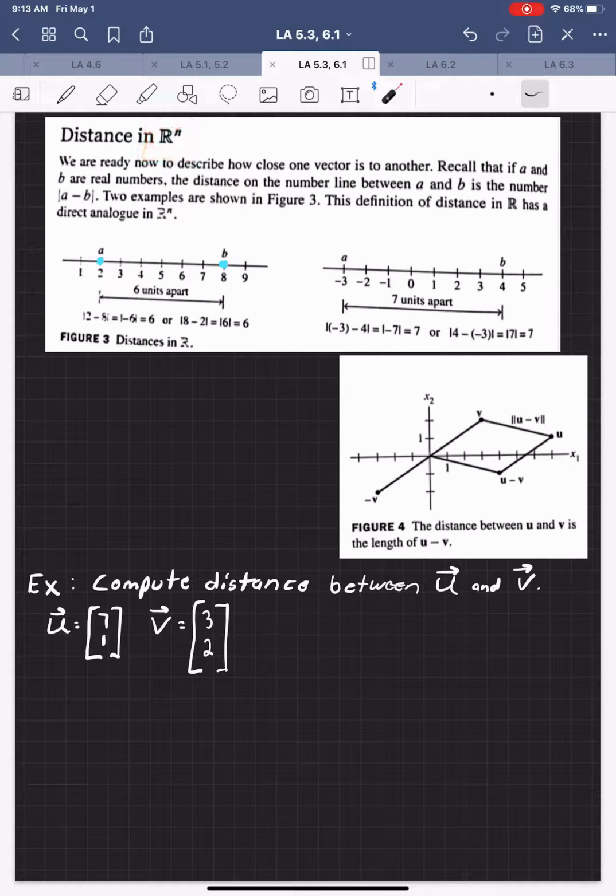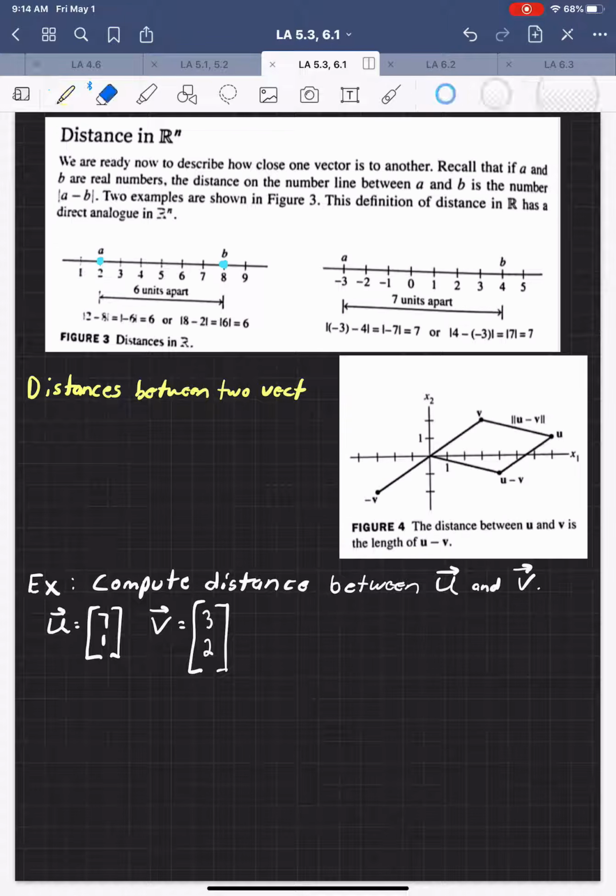Well, first off, let me show you the notation that we're going to be using for the distance between two vectors, we'll say u and v.